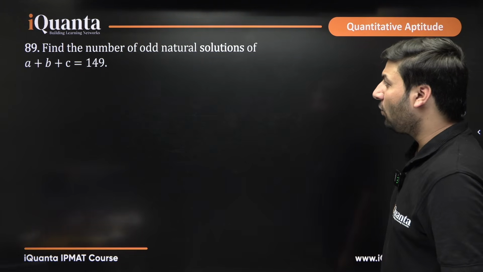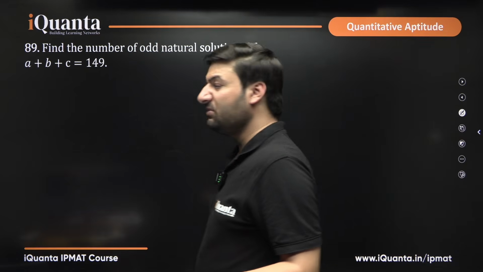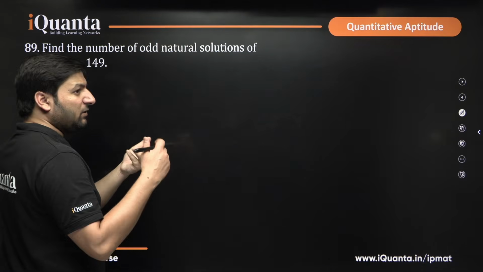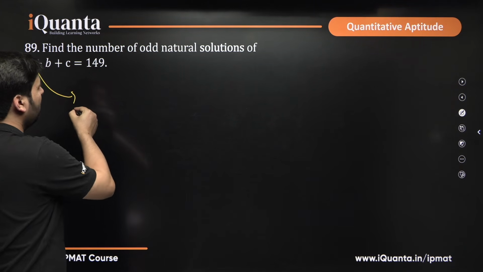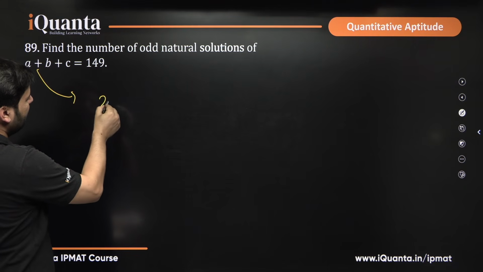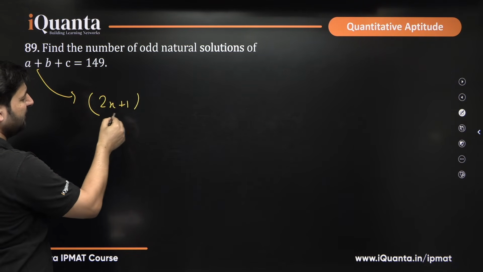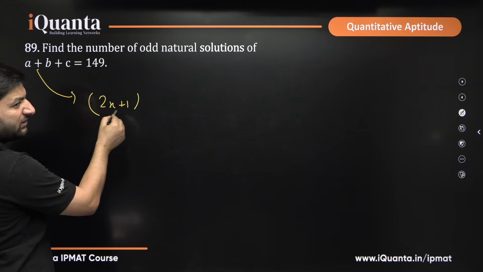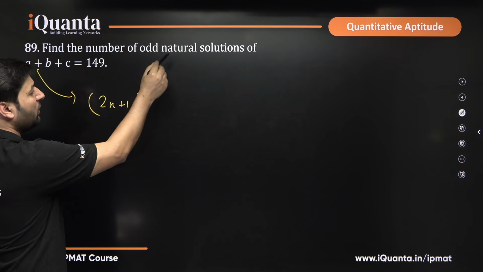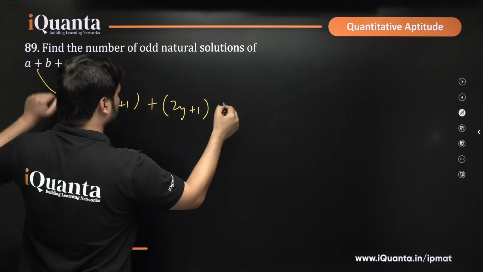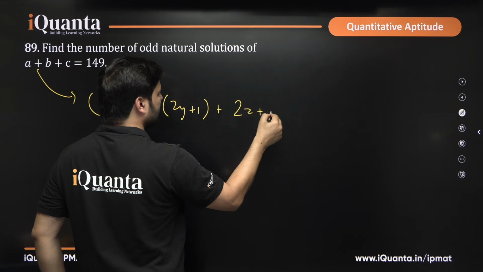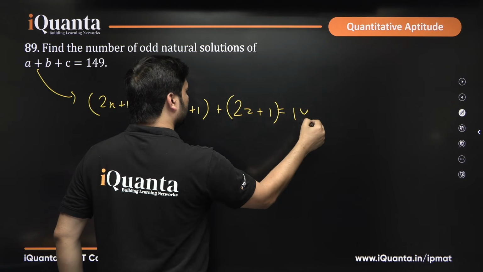Find the number of odd natural solutions. Odd natural, that means obviously you are going to start with 1 or more, okay. So that means a, what values can a take? Can a take values 2x plus 1? Yes. Even if x is equal to 0, the minimum odd number that we are getting is 1, and 1 is odd natural number, yes or no? Similarly 2y plus 1, this b can be written as 2y plus 1, c as 2z plus 1, this should be equal to 149.